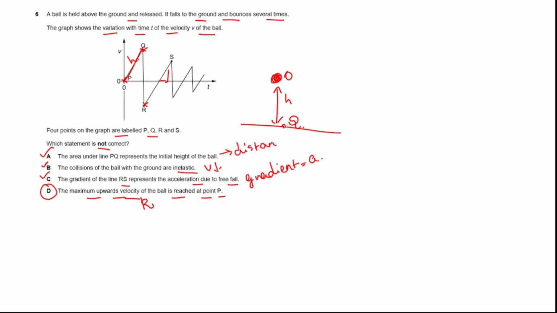When it reaches over here, the velocity will be in the downward direction, because it's moving downward. So at the maximum, when it increases the speed, the velocity will be in the upward direction. That's represented by R. So it's definitely not at P, because it's given the velocity is 0 at that point.